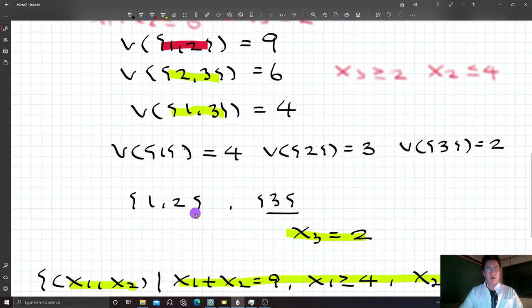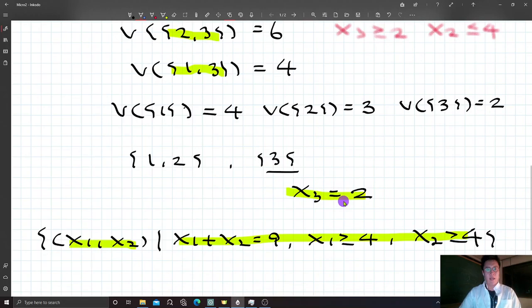So say x2 is 3.5 and x3 is 2.5 and x1 is 4. This is not an element of the core.